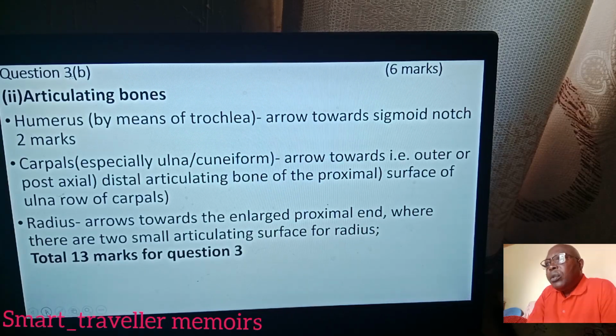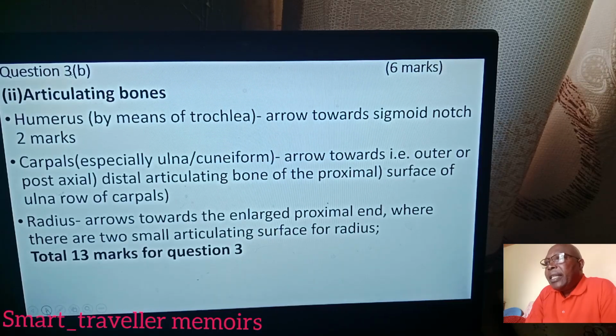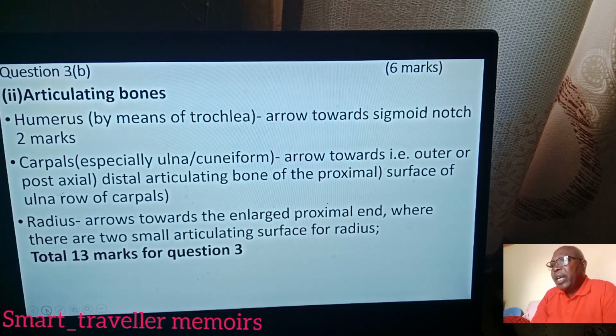3B, Roman 2, articulating bones. Humerus, by means of trochlea, arrow to the sigmoid notch, 2 marks. Carpus, especially ulna, cuneiform, arrow to the outer or post-axial, distal articulating bone of the proximal row of carpus.